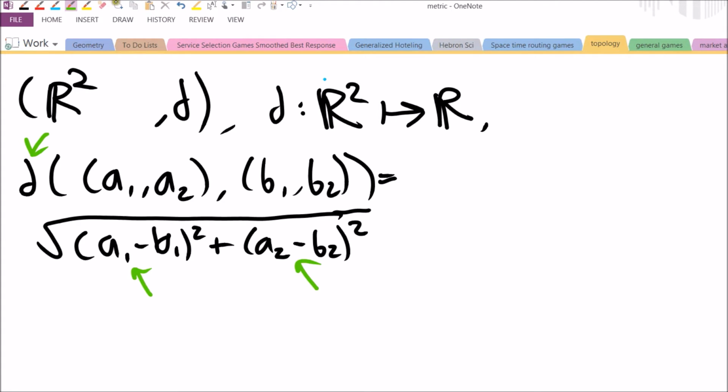But this is the definition of a metric as written here with the square root sign included. So you can draw it out. You'd have a point here, A1, A2, and another point here, B1, B2.